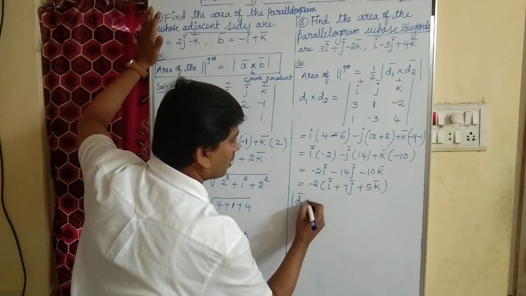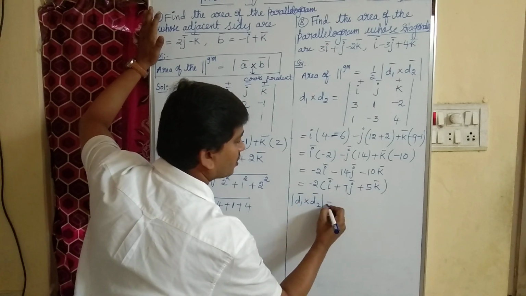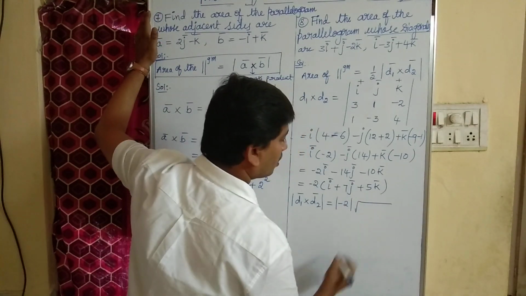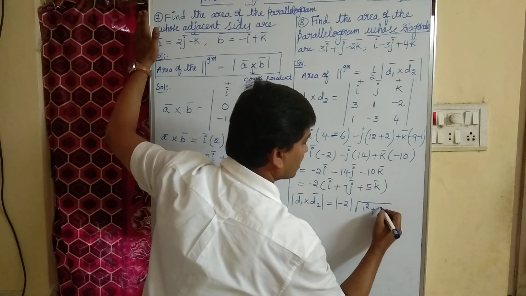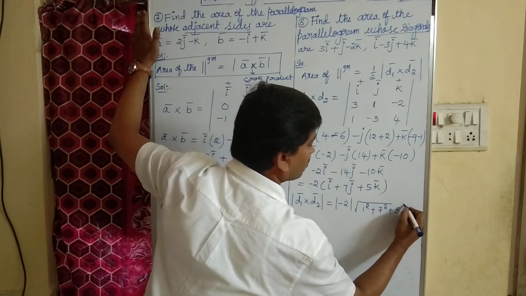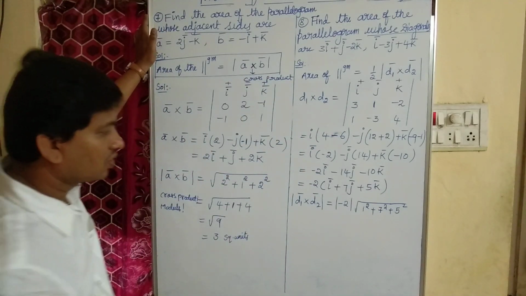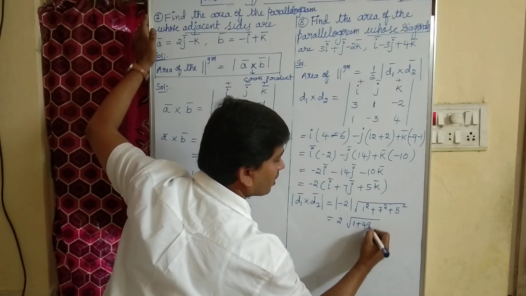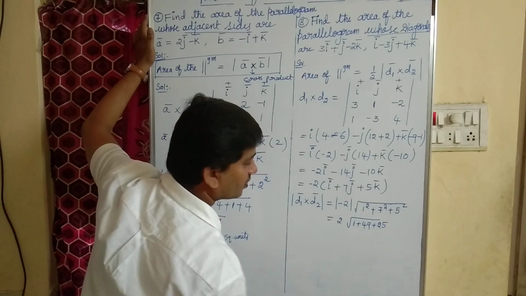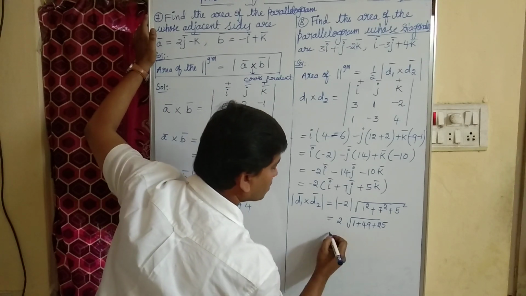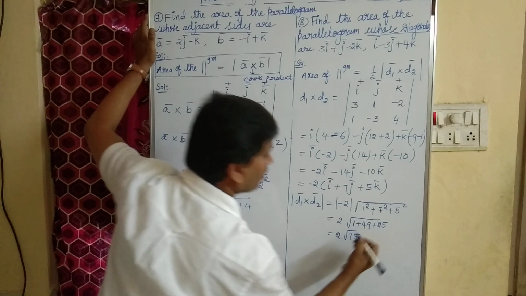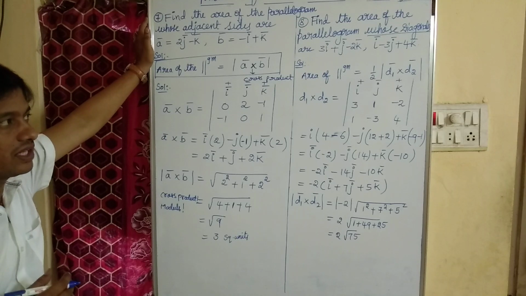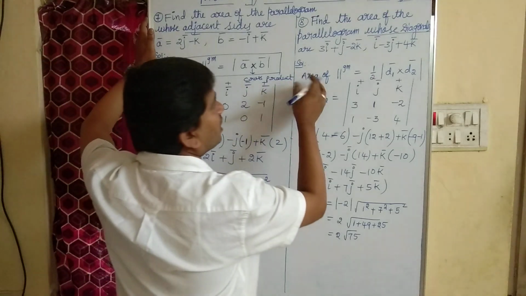Right? Now let us find the modulus of d1 bar cross d2 bar, that is the modulus of minus 2 into the square root of the i coefficient squared plus the j coefficient squared plus the k coefficient squared. The modulus of minus 2 is 2 only, square root of 1 squared is 1, 7 squared is 49, 5 squared is 25. 49 plus 1 is 50, 50 plus 25 is 75. So the modulus of d1 bar cross d2 bar is 2 into the square root of 75. Actually they are asking to find the area of the parallelogram.